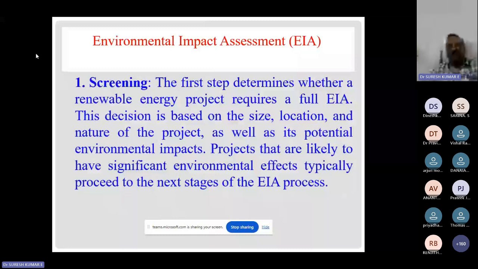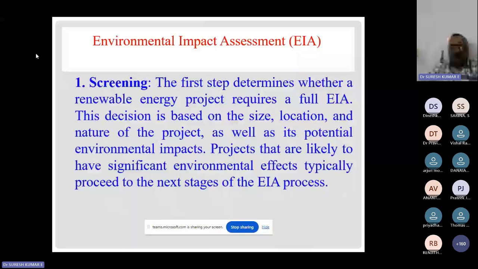That is, whether a full environmental impact assessment is required or not. This decision is based on the size, sometimes it may be small, the location, which may be environmentally sensitive, and the nature of the project, whether it's a large or medium-sized project, as well as its potential environmental impacts. Again, for getting a license, we should see the potential environmental impacts.